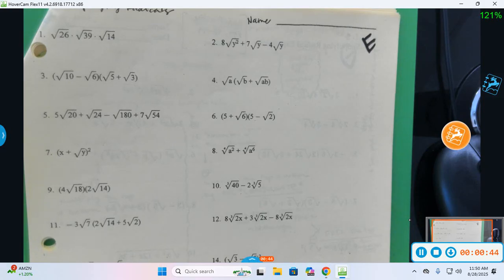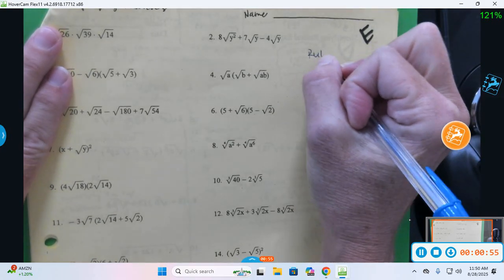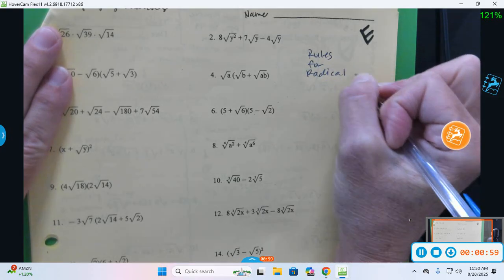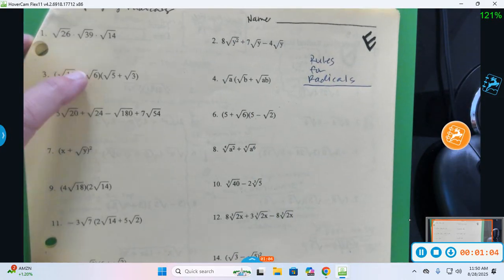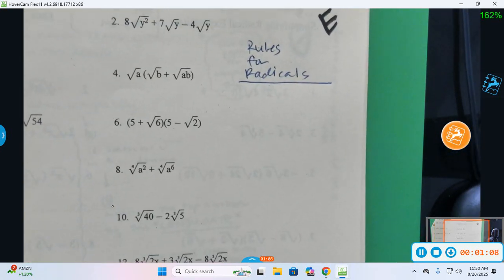But there are 3 rules that you need for radicals, and let me tell you what they are. All right, number 1. Well, I'm just going to call this rules for radicals. And honestly, we're not going to do a lot of work on this paper, so don't worry about needing work for your problems because I actually made another worksheet.